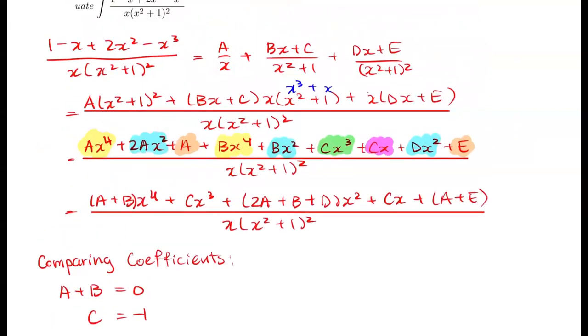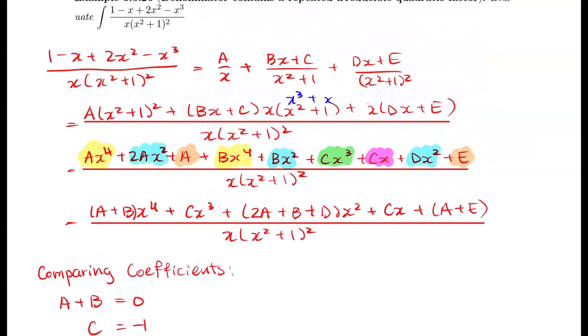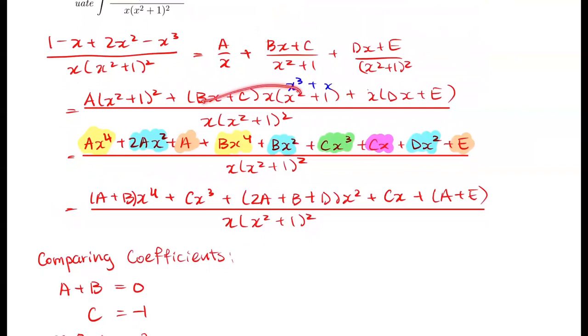Did I make a mistake somewhere? Okay, so let me see if I expanded this. This one's correct. We have bx cubed, bx squared, yes. And then we have the cx cubed, and then cx here. And then we have the c.